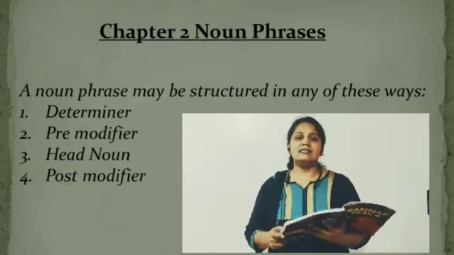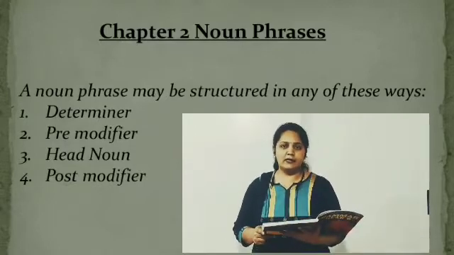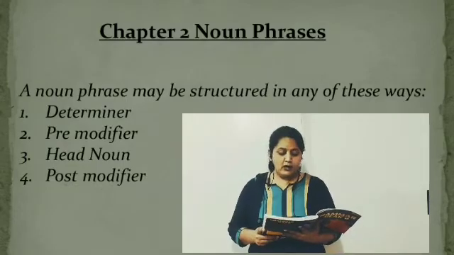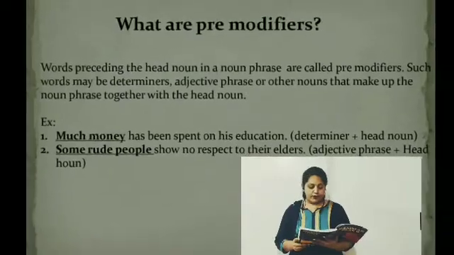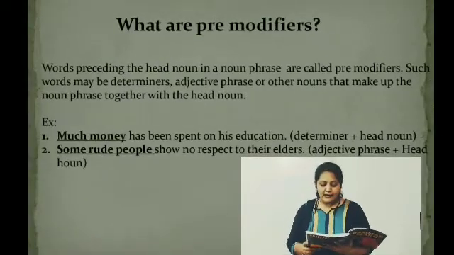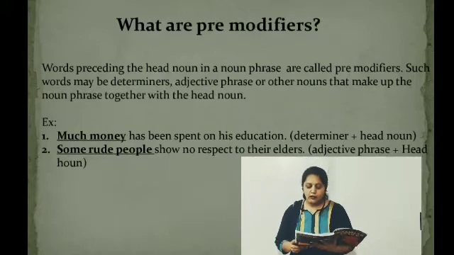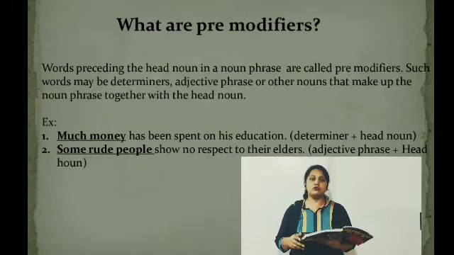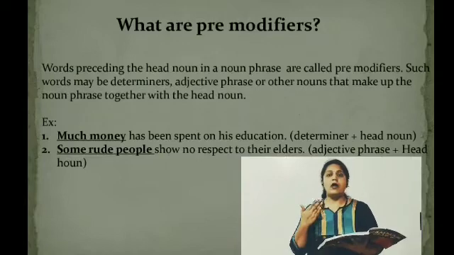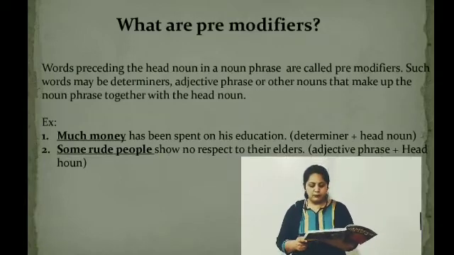Now let us see all this in a detailed manner, starting with pre-modifiers. Words preceding the head noun in a noun phrase are called pre-modifiers. Those placed before the head noun are called pre-modifiers.